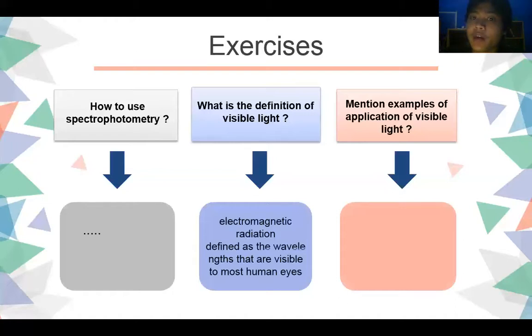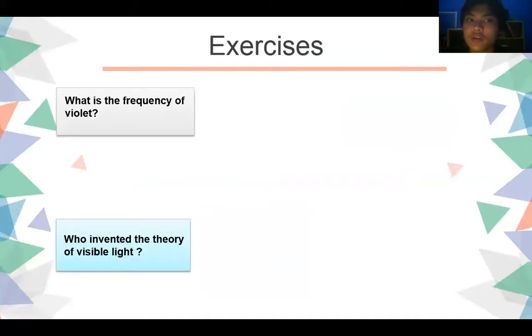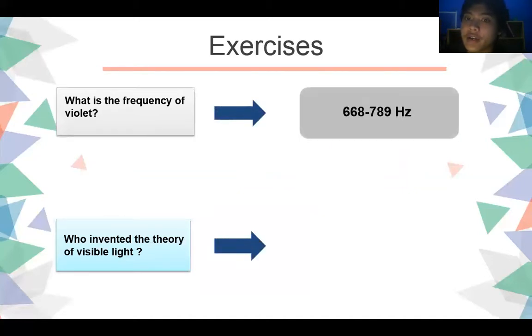Mention examples of application of visible light: laser, rainbow, traffic light, and diamond. What is the frequency of blue LED? The frequency is 668 until 789 Hz.